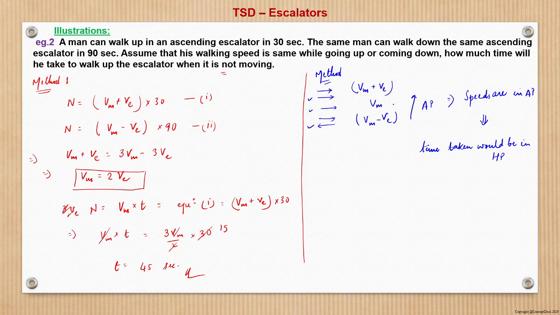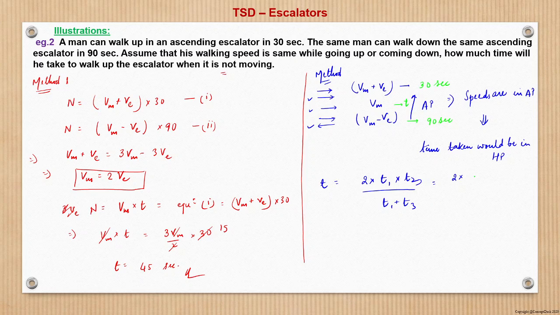So the time taken when it's stationary, that time t, will be 2 into the time taken in the first case into the third case upon t1 plus t3. Here the time taken in the first case, with Vm plus Ve, is 30 seconds, and the other takes 90 seconds.